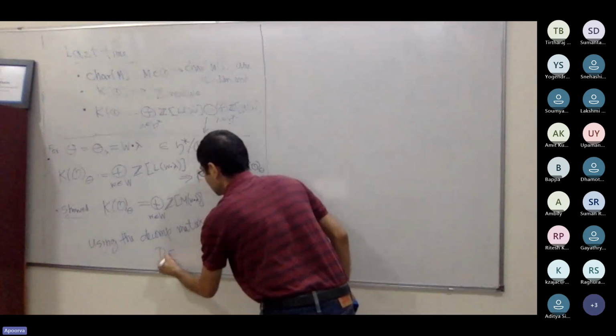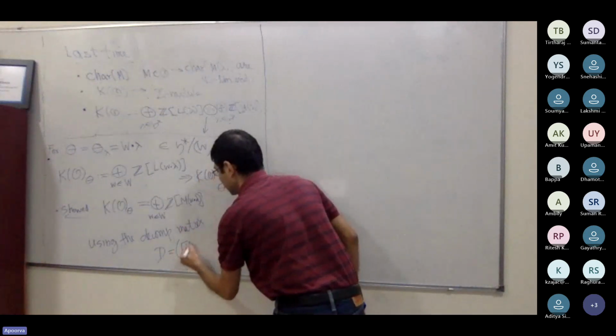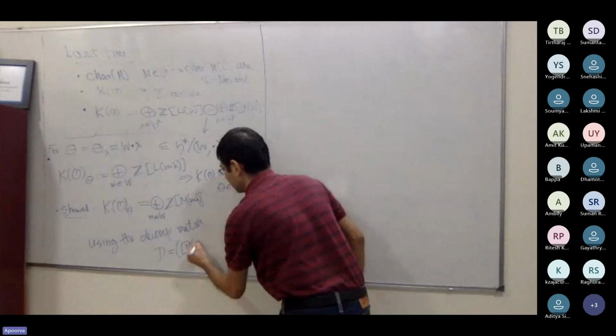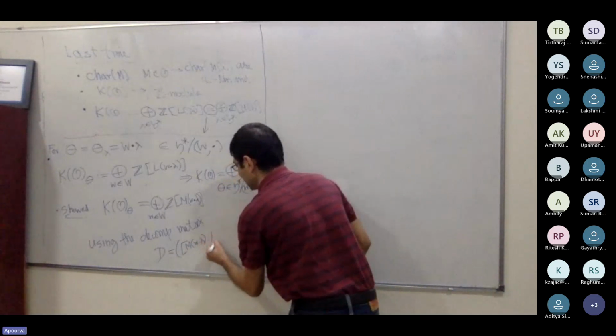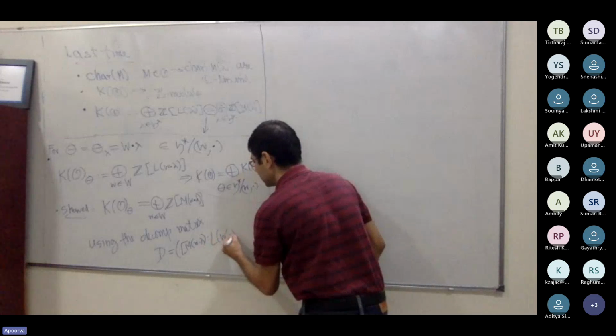The decomposition matrix D has entries from M of w dot lambda to L of w prime dot lambda.